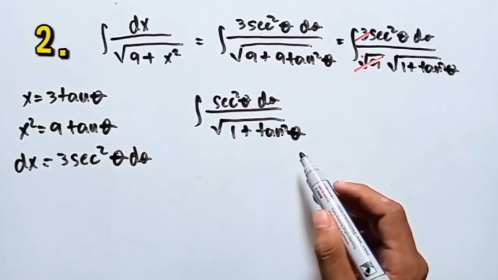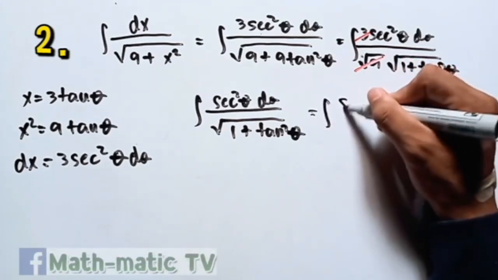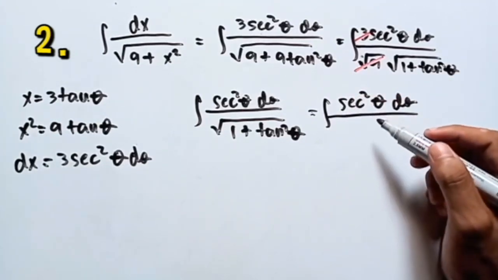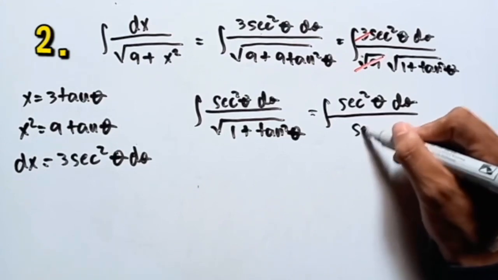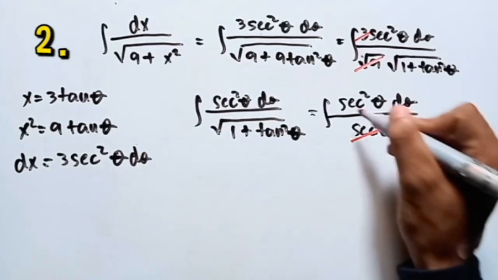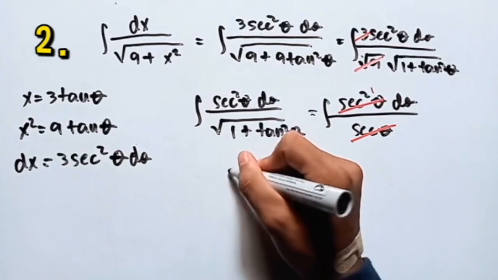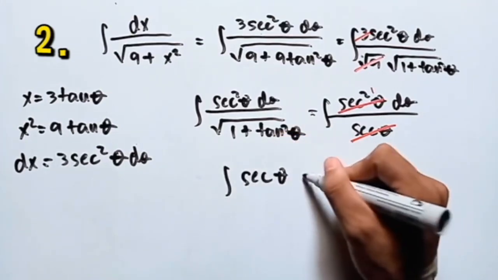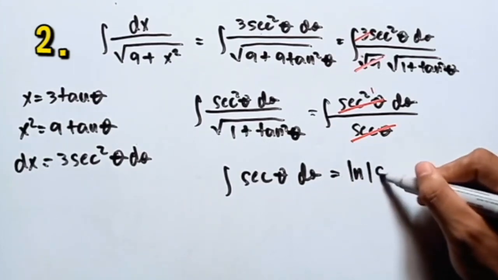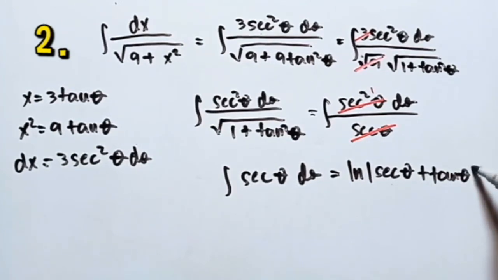And 1 plus tangent squared theta is equal to secant squared theta using the identities. So this is equal to secant squared theta d theta over the square root of secant squared theta, which is equal to secant theta. And this will be cancelled. This will become 1. So the integral now is equal to the integral of secant theta d theta, which is equal to ln of secant theta plus tan theta plus c.